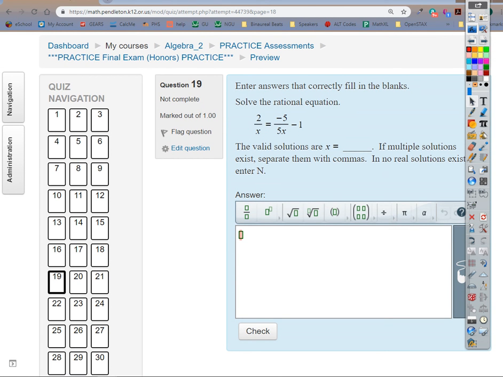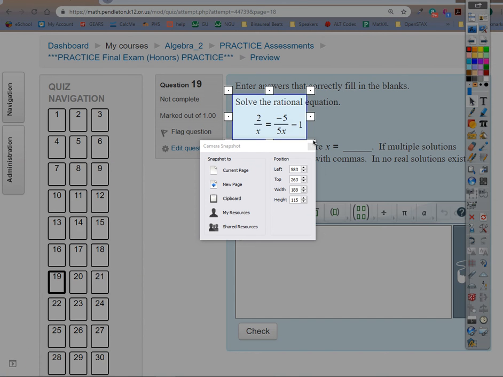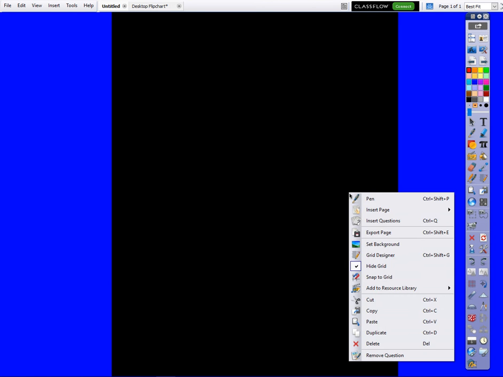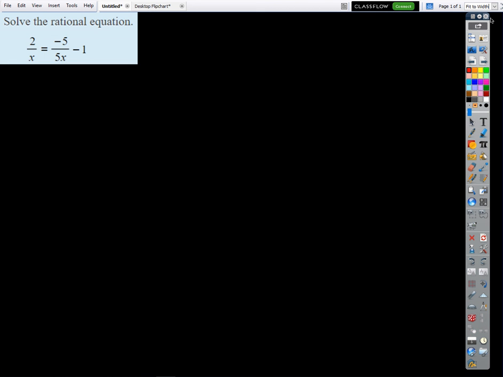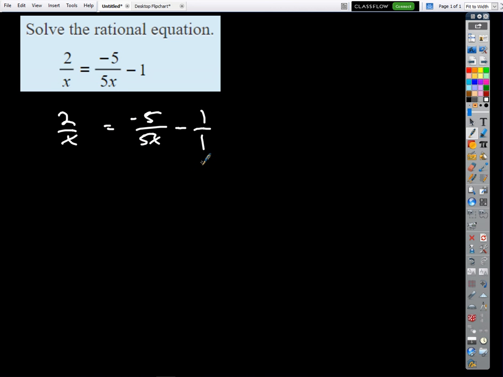Okay, same kind of thing. Let's do this. So we get 2 over x equals negative 5 over 5x minus 1 over 1.